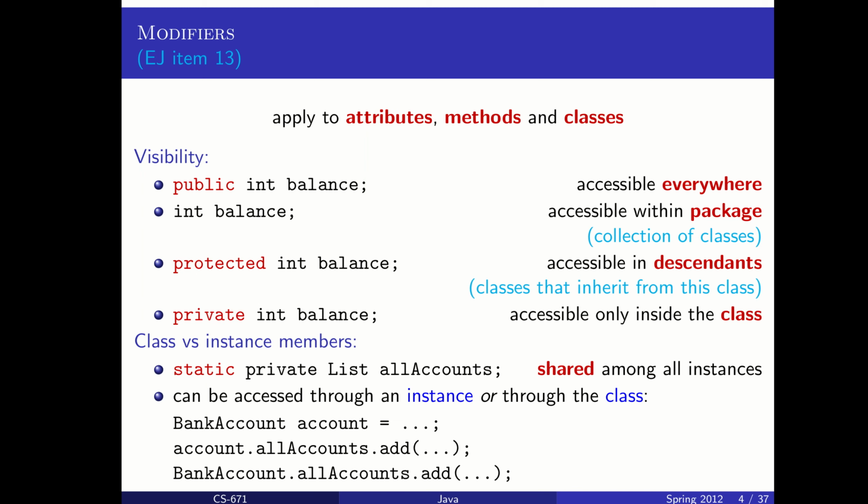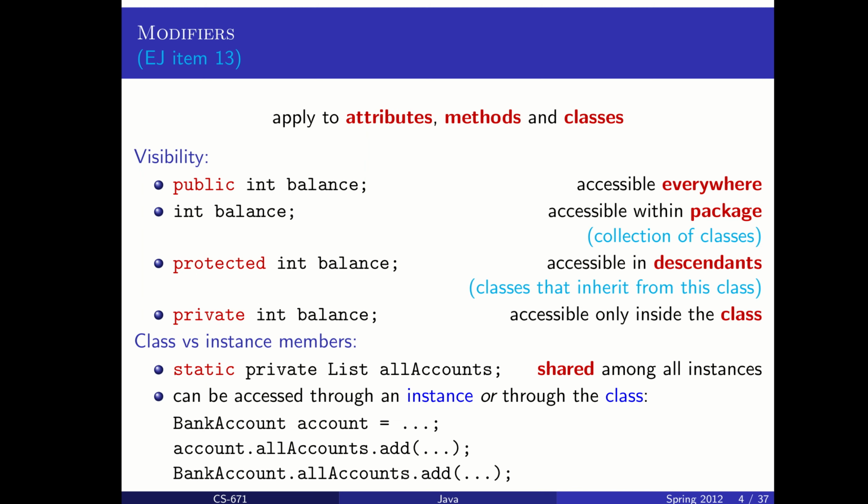We can do similar things, like counting how many times a class has been instantiated by incrementing some static integer for it. Static things can be accessed through an instance like we normally would, like x dot something, or through the class itself.